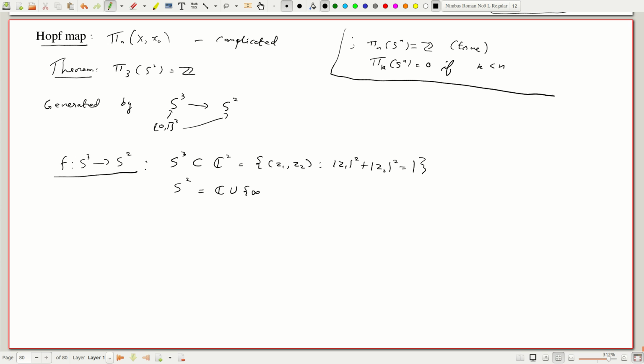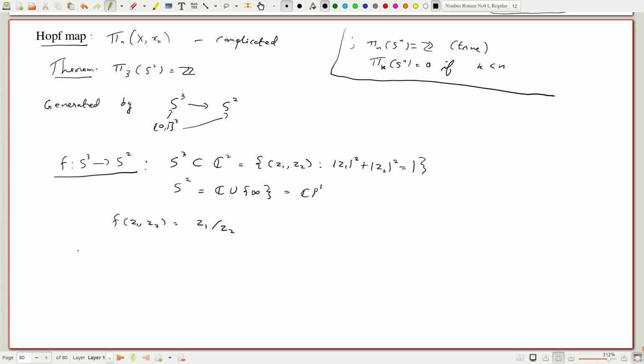I'll look at it as C union infinity. For those who know projective geometry, you can think of this as CP^1, and indeed the construction is more natural in that way. But it's nice enough without that as well. I'll define f of (z1, z2) to be the quotient z1 by z2. Note that z2 may be 0, in which case the quotient is infinity.